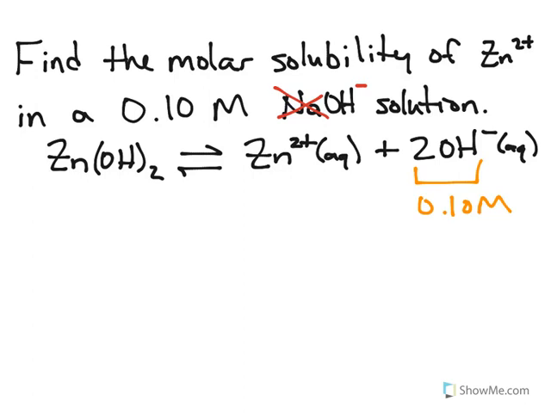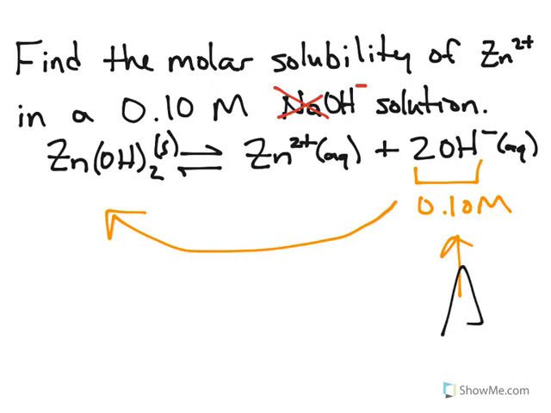So if you think back to Le Chatelier's principle and what the implications of that are, you have a bunch of this product already present. That's going to cause this equilibrium to favor the reverse direction, which in this case, I forgot to write my little solid symbol, but in this case, that's the solid.